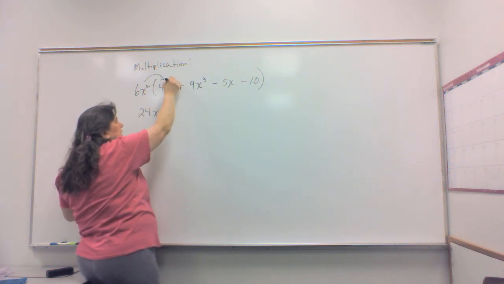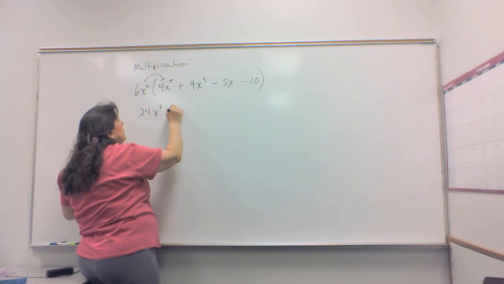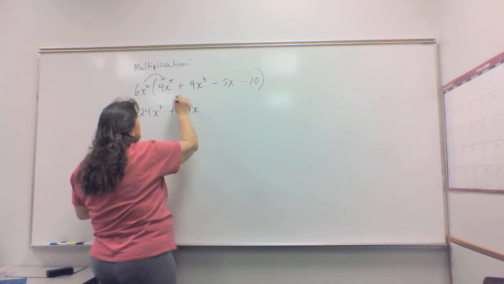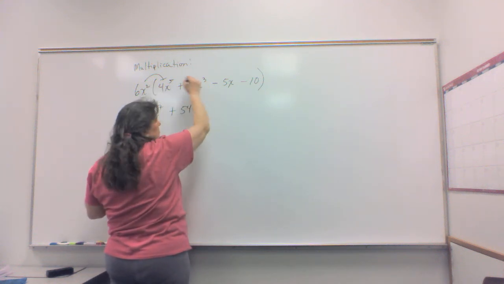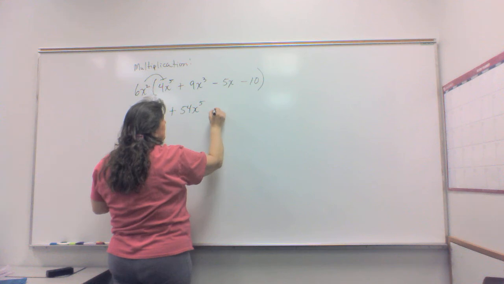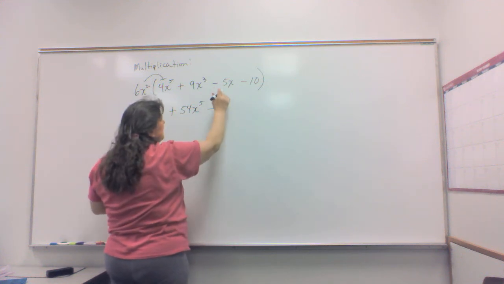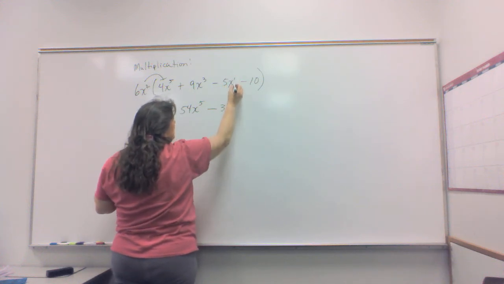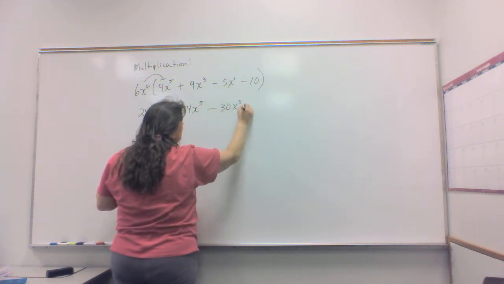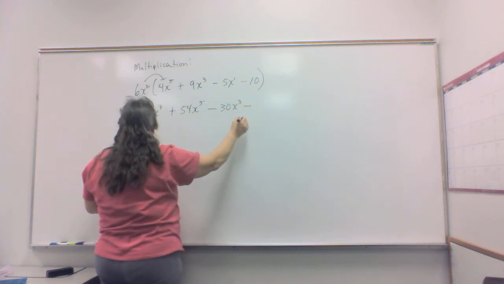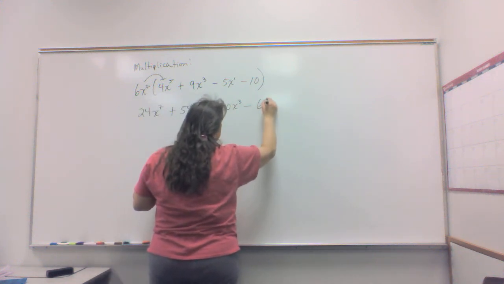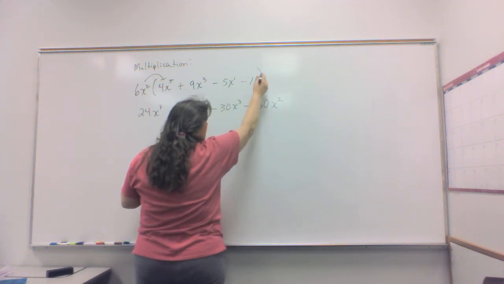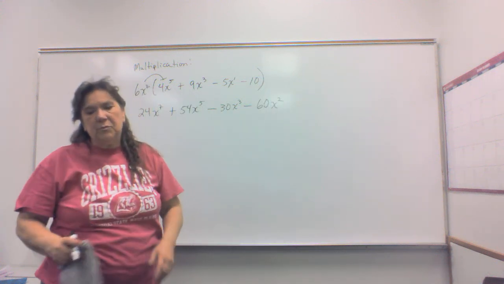So this is going to end up with 24x to the 2 plus 5, which is 7, plus 6 times 9 is 54, x to the 2 plus 3, which is 5, minus 6 times 5, which is 30, and x squared times x to the first is going to give you x to the third, and minus 6 times 10 is 60, x to the second, because the other x would be x to the 0, which is never written.